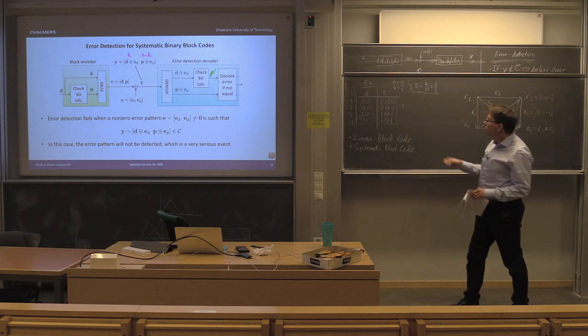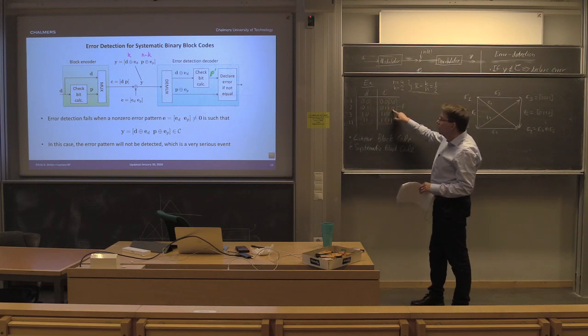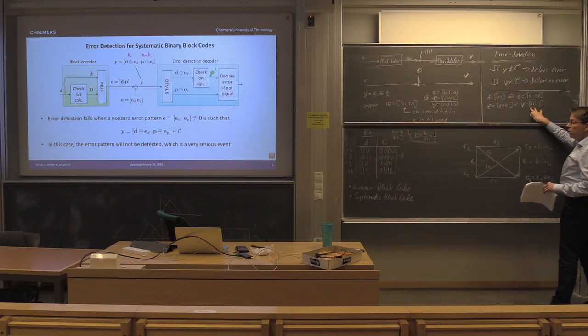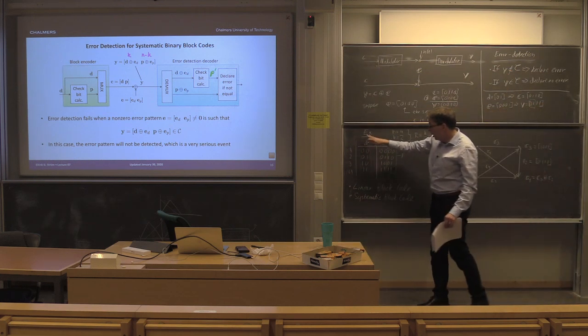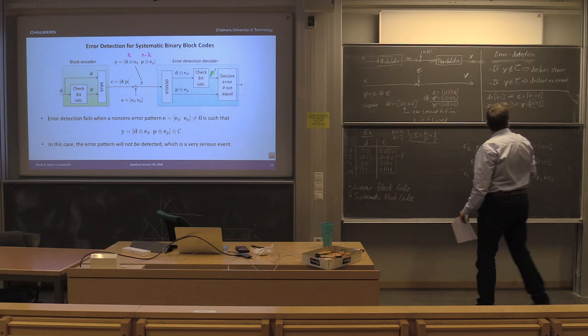So I have a circuit that can go from information bits to parity bits. What information bits did we have? We had 0, 1. So I go in here with 0, 1, calculate the parity bits, and it's 1, 0.